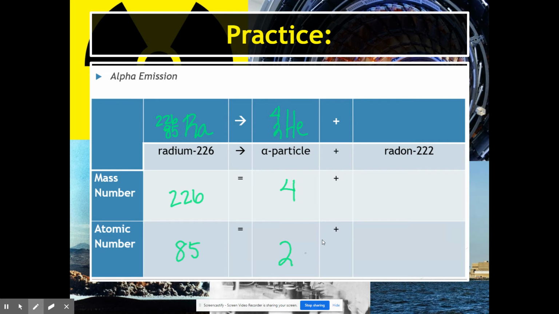Because it has those things, we change the starting element into a completely different element. We're going to take our mass, subtract 4. Our new mass is going to be 222. Take our starting atomic number, subtract 2. We're going to end up with 83.